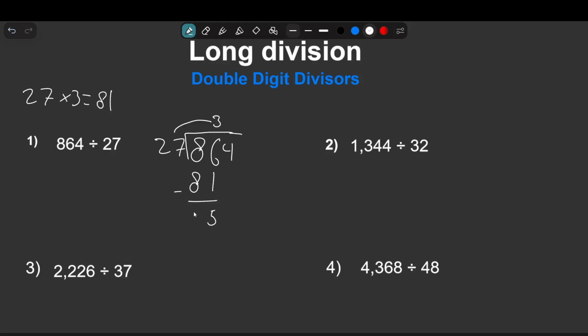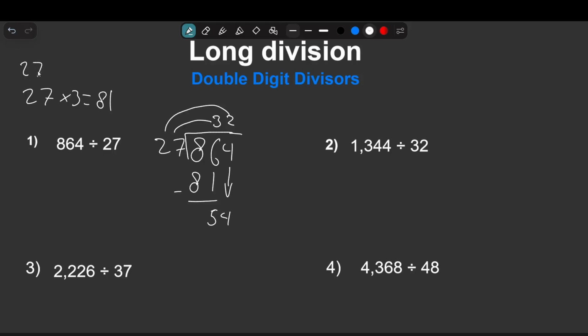So what we're going to do now is we're going to bring down the number right here. So we got 4. So now we got 54. Now what we're going to do is we're going to see how many times or how many whole groups of 27 fit into 54. Well, 2 whole groups of 27 fit into 54. So we're going to write this down up here. So now we have to multiply.